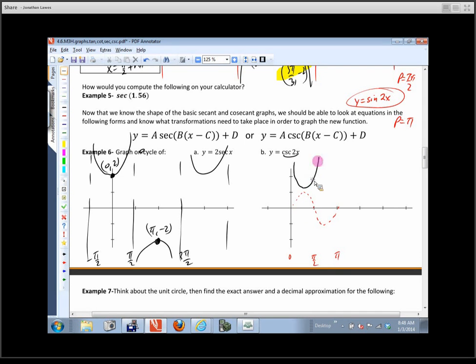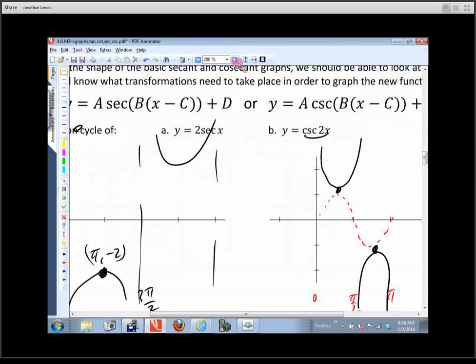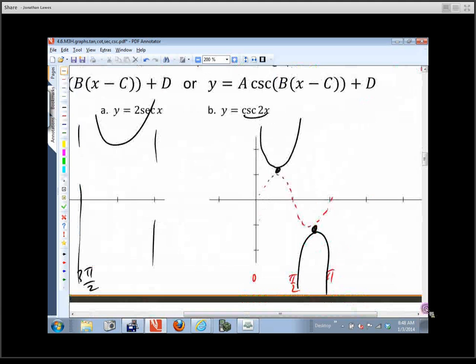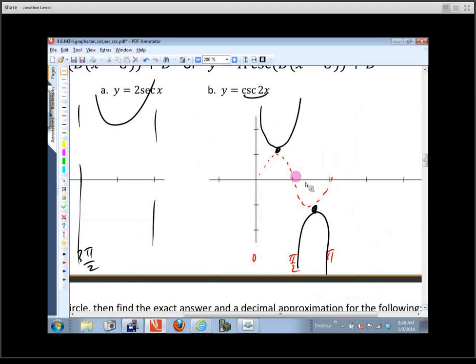It's going to go like this, and it's going to go like this. Make that fat so it looks like they're the same. So where this one has a 0, this one has a vertical asymptote, vertical asymptote, vertical asymptote. And let's label that point right there and that point right there.